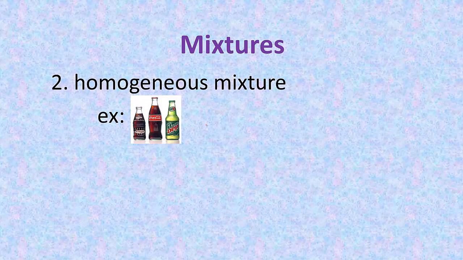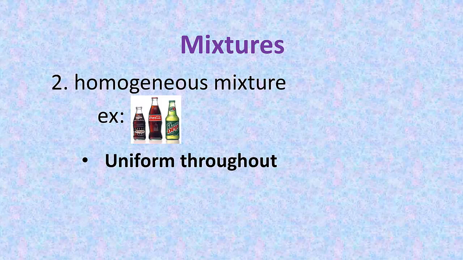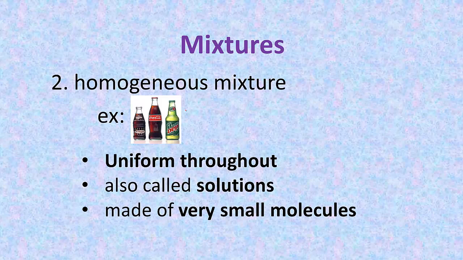These are examples of homogeneous mixtures. Sodas. You can look through here and they look the same all the way throughout. Even if you put it under a stereoscope or a microscope, it would look the same. They are uniform throughout. They are also called solutions, and they're made of very small molecules.